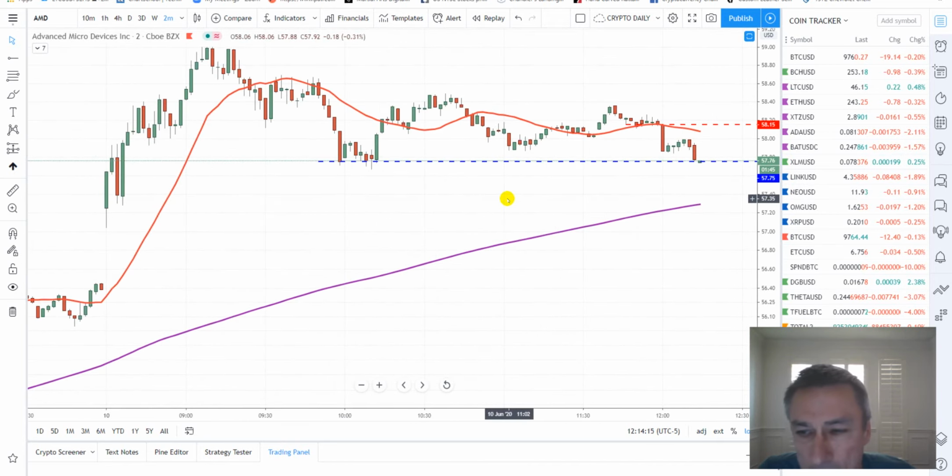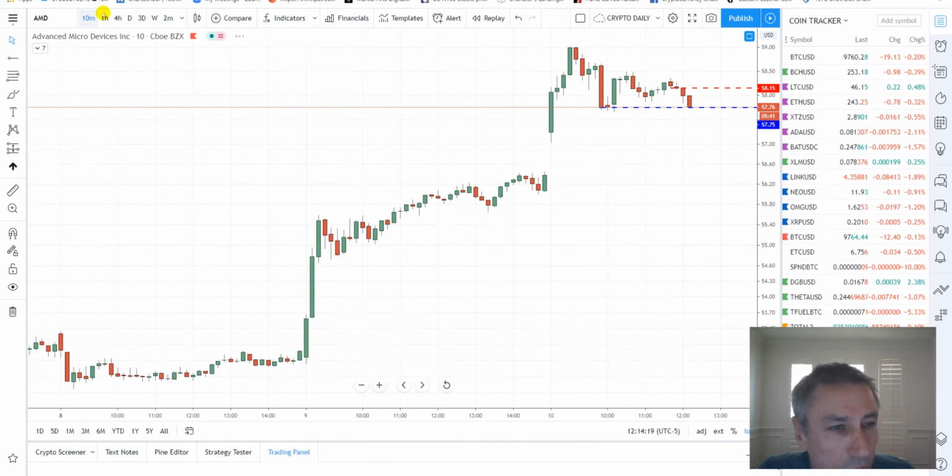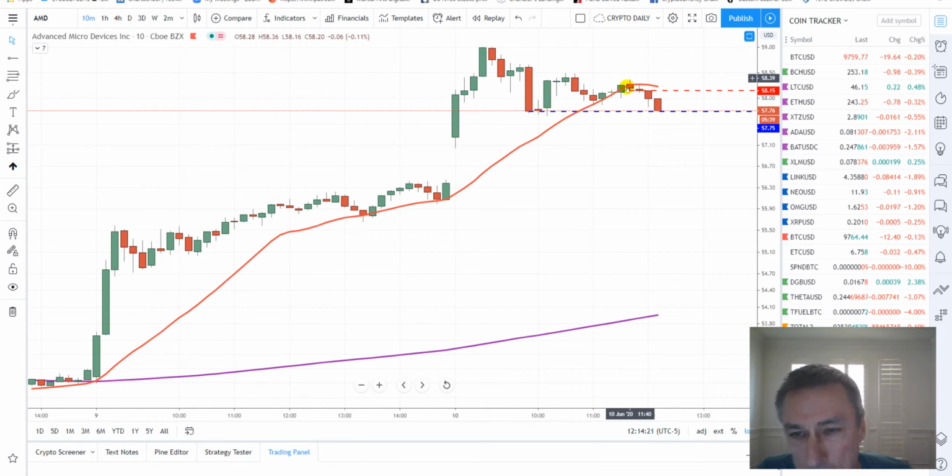But I wanted to zoom in here and show you how, just as we had been talking about, we got in on this red dash line after we had a close under the 20 from this first candle here. As a matter of fact, we're still driving into that blue dash line right now on the 10-minute chart.